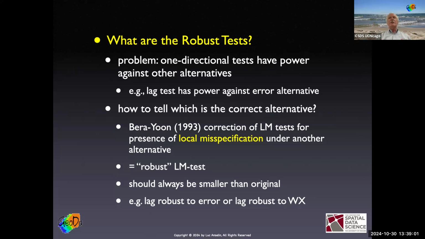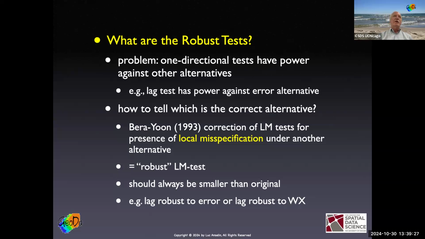And again, as you can see, it's from the 1990s. As I mentioned the other day, it's a very narrow sense of what robust means. It means robust to local misspecifications in the form of another alternative. So local means not very much.